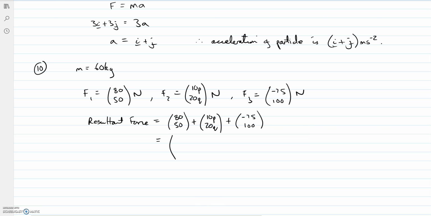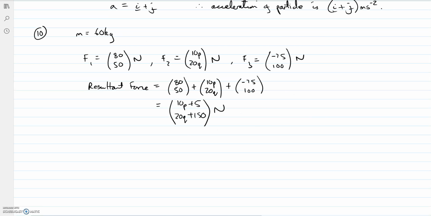So we can add all the x values together, the top values. So 80 minus 75 is 5, so 10p plus 5. We can add all the y values together. 50 plus 100 is 150, so it'll be 20q plus 150 newtons. That's our resultant force. And again, we know that our resultant force is the mass multiplied by the acceleration.